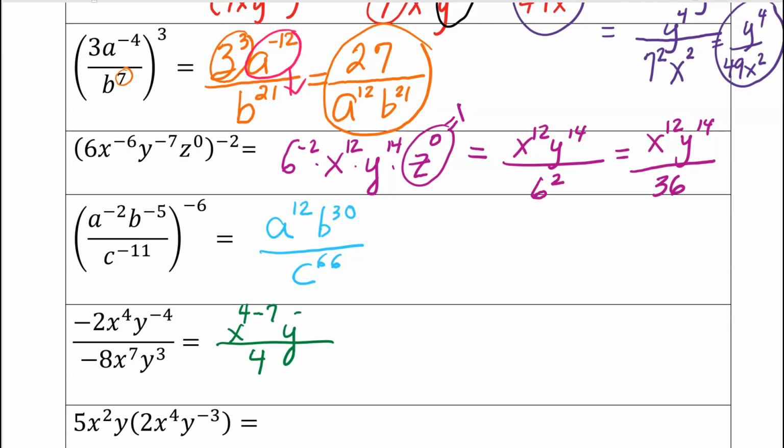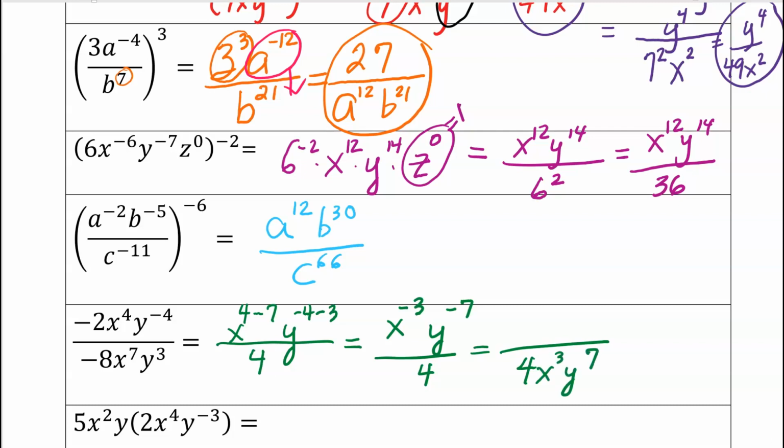We have y to the -4 minus 3. So x to the -3, y to the -7 over 4. Since our exponents are negative, we need to move them to the denominator with the 4. So in the denominator we have 4x cubed y to the 7. What is remaining in the numerator? If you said 1, you are correct.